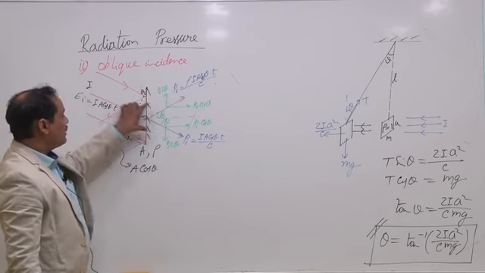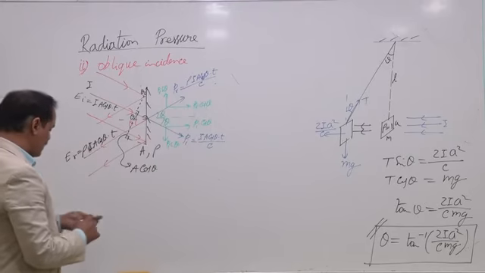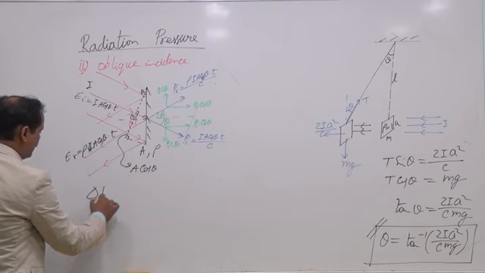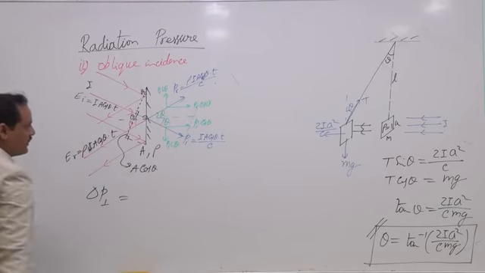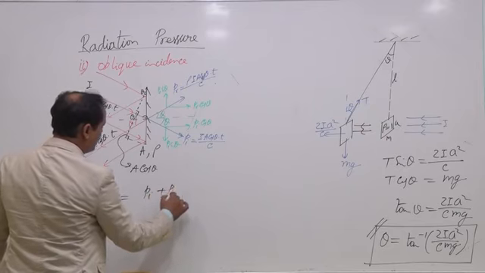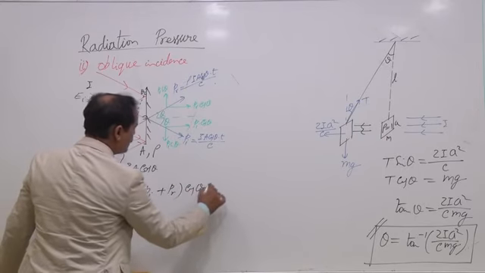So in the direction normal to the surface, the net change in momentum delta P normal to the surface is equal to (P_I plus P_R) cos theta.